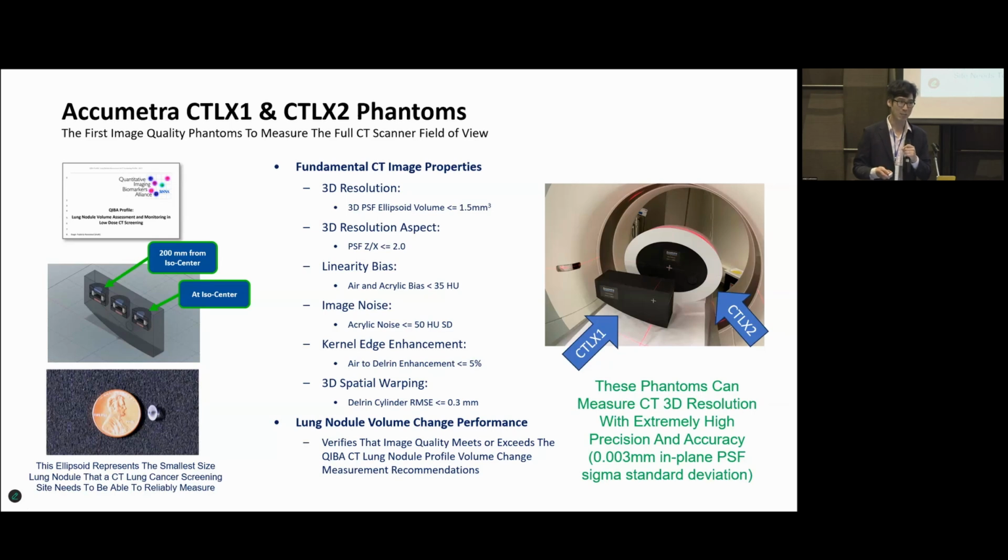And the whole point of making better measurements is to be able to provide the radiologists with more confidence in their measurements so they can make better recommendations for patient follow-up.